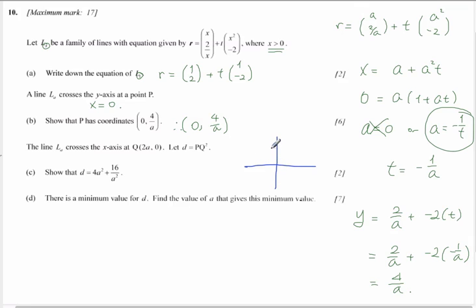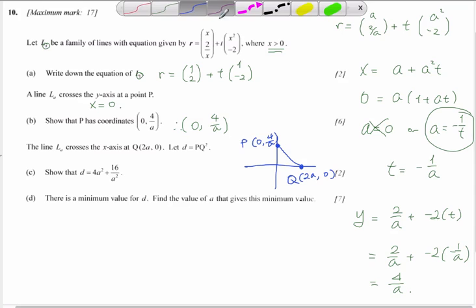Here's some point on the x-axis, 0, here's (0, 4 over a), and here is (2a, 0), and here's P, here's Q, right? And then d is going to be PQ squared, right? Show that d is equal to that. So you're going to use the distance formula. We're going to use the distance formula to show.